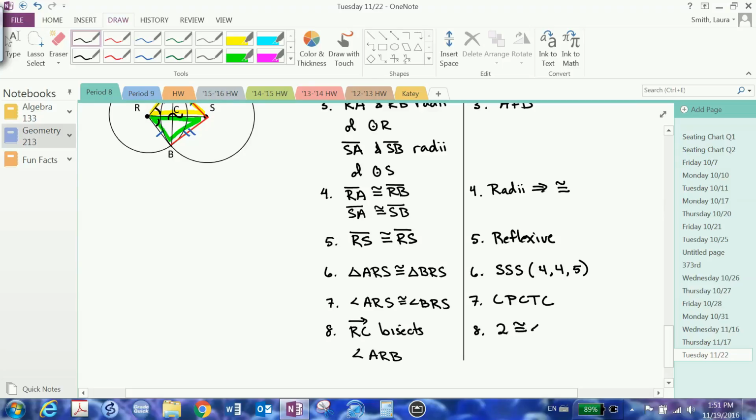Two congruent angles imply a ray bisected the angle. And that's it.